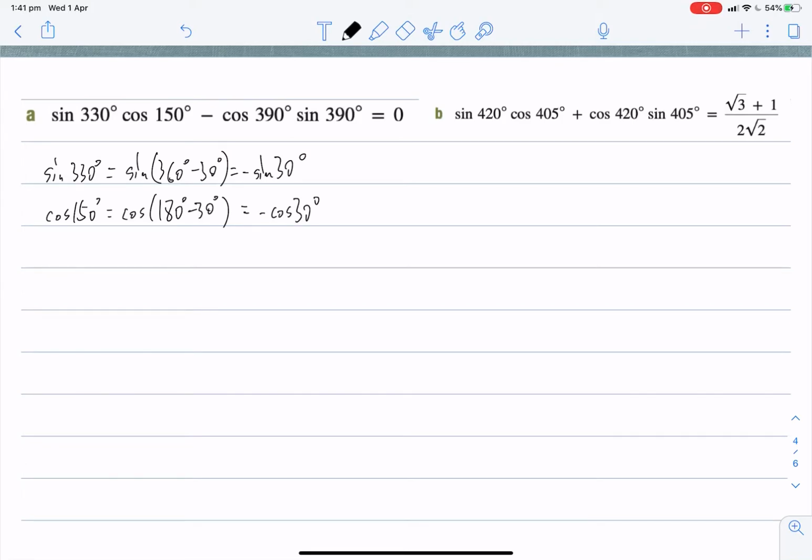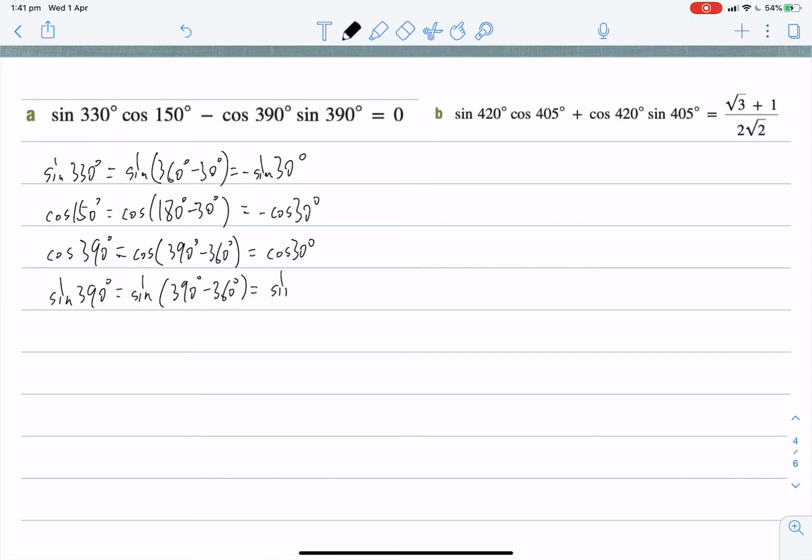Okay, so for cos 390 degrees, anything bigger than 360, we minus 360. 390 minus 360 happens to be 30 degrees. So cos 30 degrees. Then sine 390 degrees, 390 minus 360 again, is just sine 30 degrees.